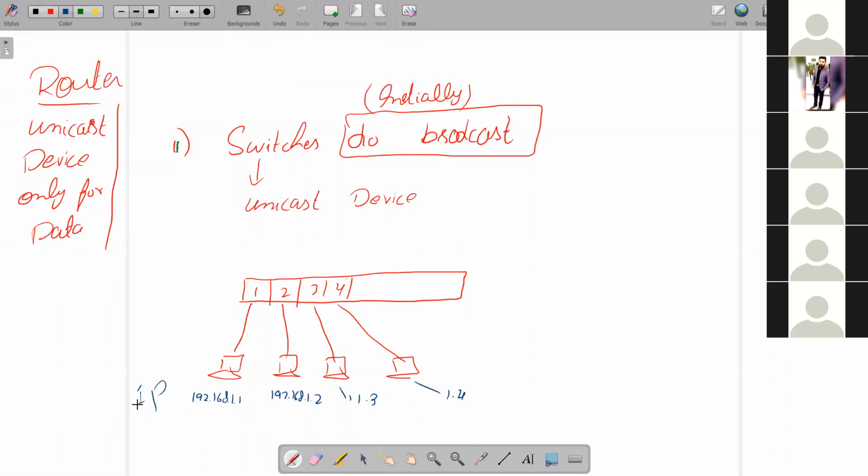These are the IP addresses of all the machines. Every machine has its own MAC address. So instead of writing the 48-bit MAC address, just to deliver the concept, I'm assuming the MAC address of this machine is AA, of 1.2 is AB, 1.3 has AC, and 1.4 has AD.